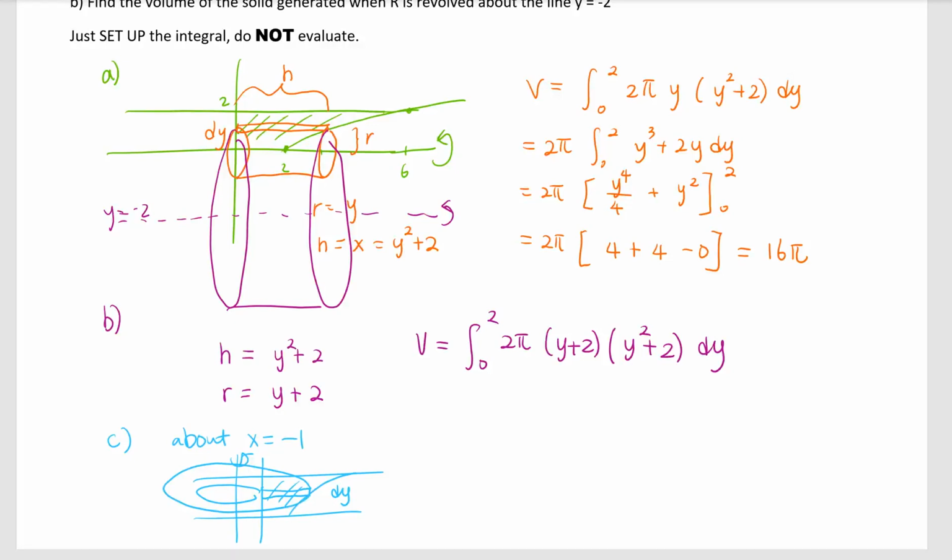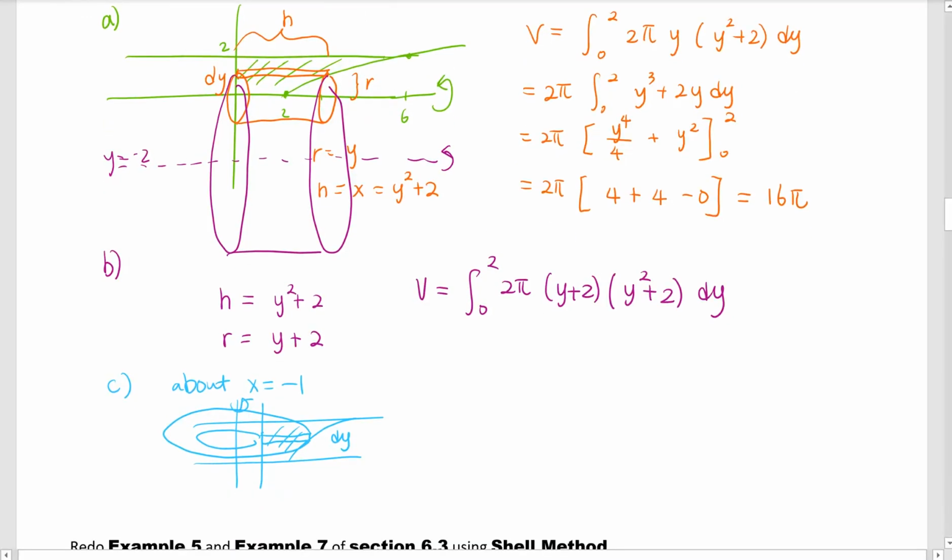So that is the washer method. You're going to have the big R and the small r. Your big R is going to be on the curve, so that's the x on the curve plus 1. And what is that? X on the curve is y squared plus 2, plus 1. So it's y squared plus 3. And what's your small r?